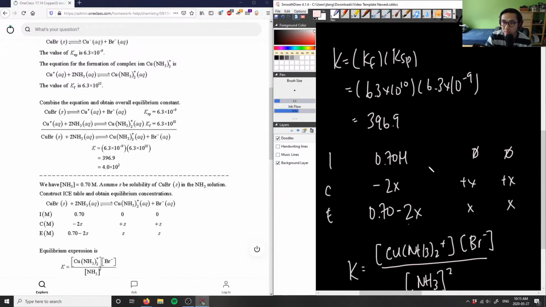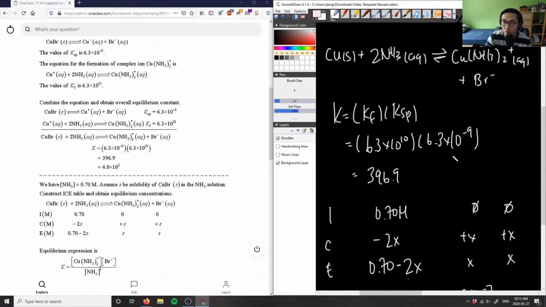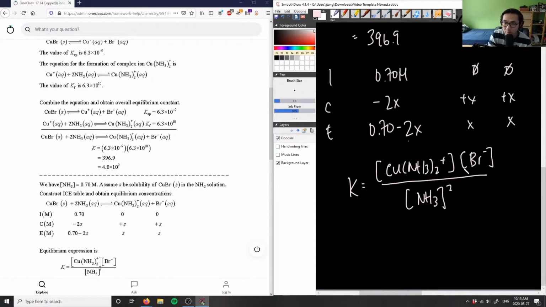These other guys have a coefficient of simply 1. I wrote down 396.9, so 396.9 is going to equal x squared at the top divided by 0.70 minus 2x.